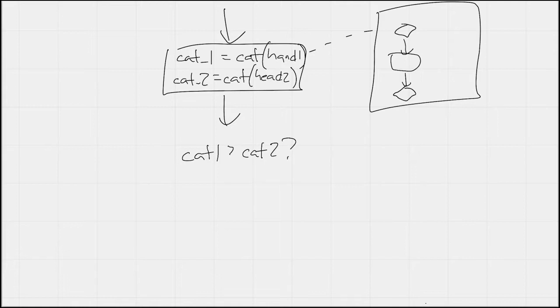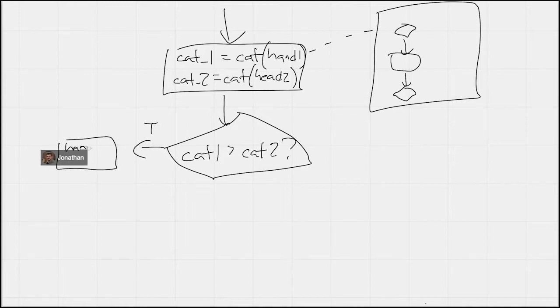If so, then we're done, because hand 1 wins. And if that is not true, so if the category of hand 1 is not better than the category of hand 2, then we're going to need to check the opposite, because it's possible they could be the same category.